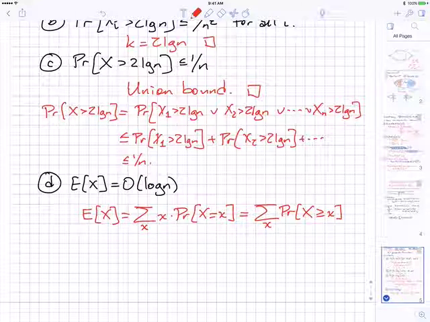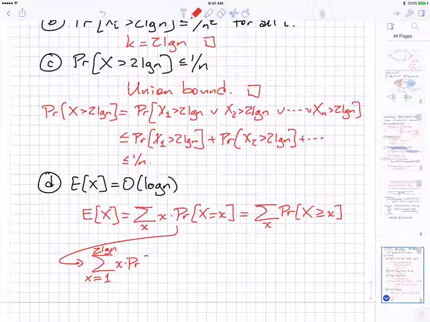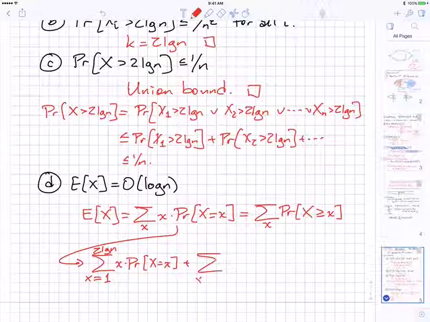So what I'm going to do is take this version and split this sum into 2 different parts. x equals 1 to 2 log n plus everything else, x equals 2 log n plus 1 up to the maximum value that it could possibly be, which is n. If there are n things in the table, then after probing n different things, the next one will find something.